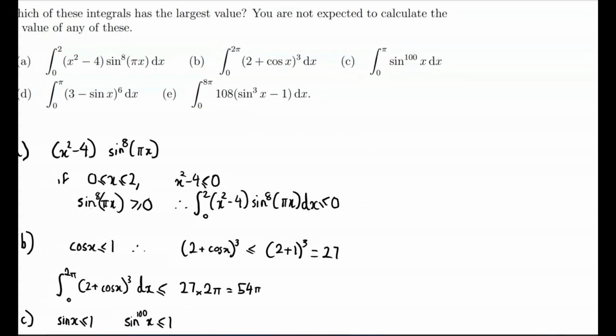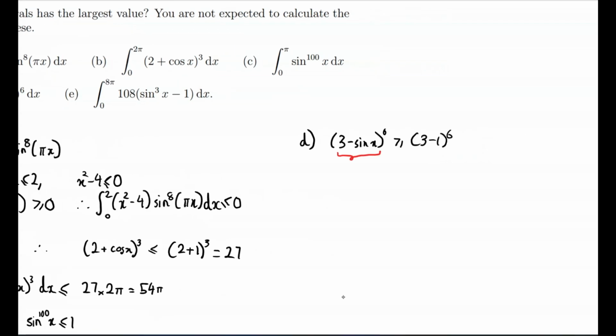So now let's consider option D. Well, this is 3 minus sine x to the 6. The minimum value that this takes is when sine x is 1, because as sine x gets smaller than 1, the expression inside the bracket actually gets larger. So this is always going to be larger than or equal to 3 minus 1 to the 6, or 2 to the 6, which is just 64.